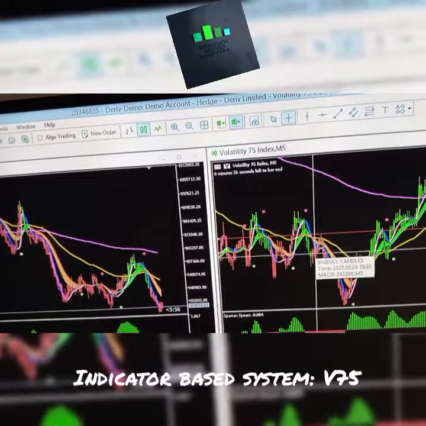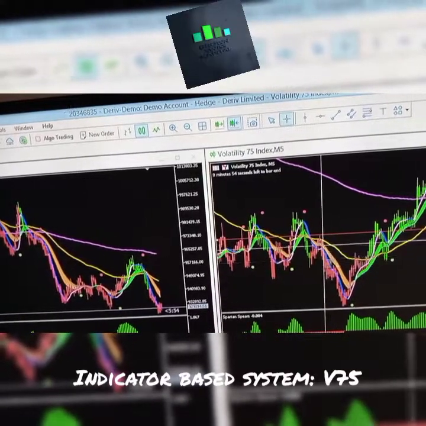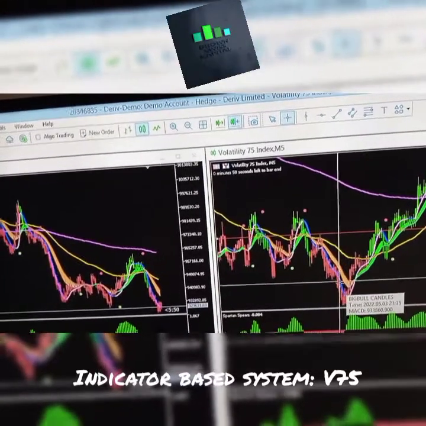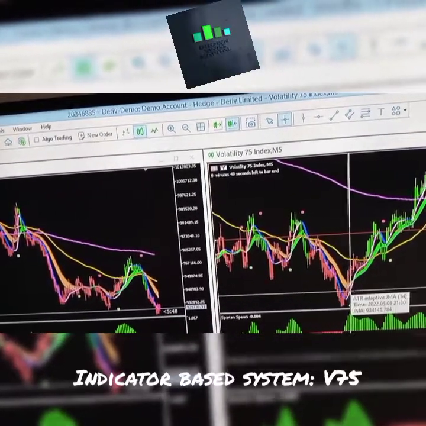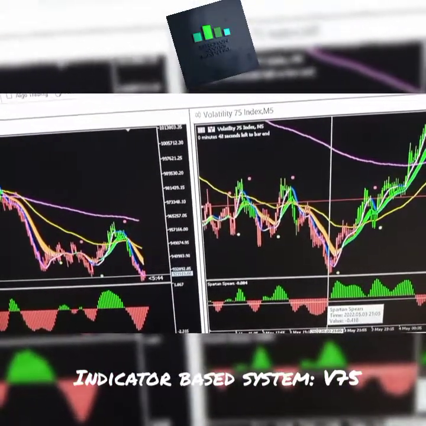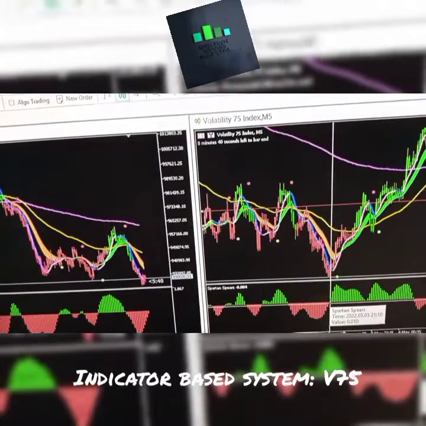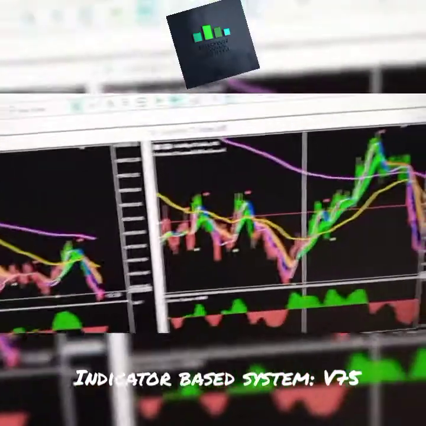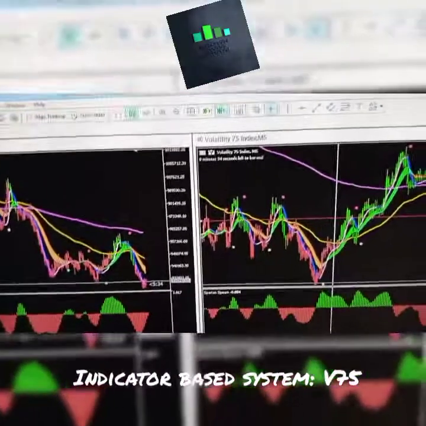It won't be that much loss. Then immediately it came back, and you exit when it changes from blue to pink. Or you wait for it, using the MACD, to change from red and print that first green bar. You exit. Okay, so that's how you trade the strategy.